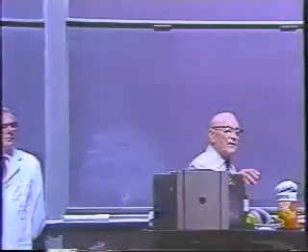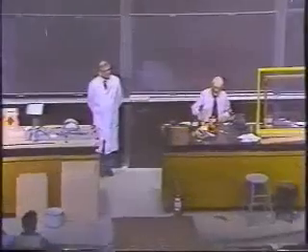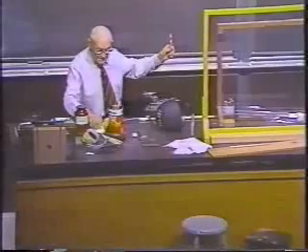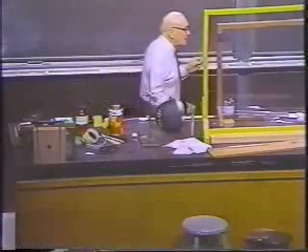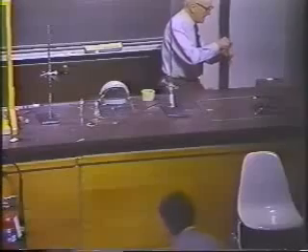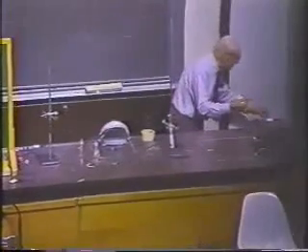have a method of producing a mixture of phosphorus and potassium chlorate with yellow phosphorus, because on a brick over there, on a metal plate, I have some potassium chlorate, and I have here a solution of yellow phosphorus in carbon disulfide, and I'm going to pour some of this onto the potassium chlorate.